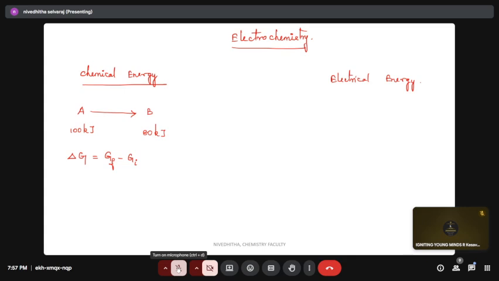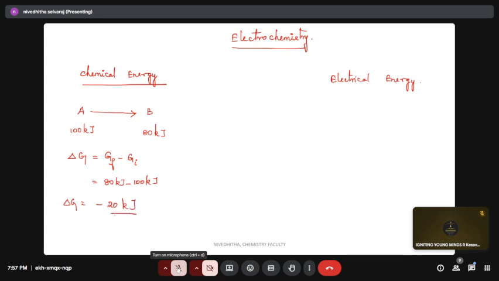Final state I'm talking about is the product. Initial state I'm talking about is the reactant. So here the final state is B and its energy is 80 kilojoule, minus 100 kilojoule. So what is the difference? It is minus 20 kilojoule.